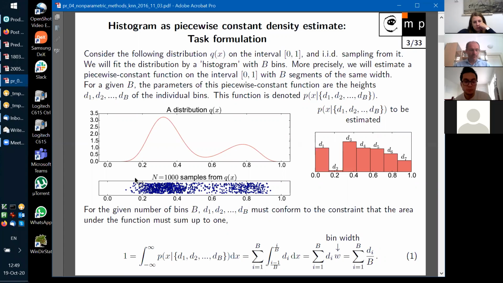Now, the estimation is really based on a sample.